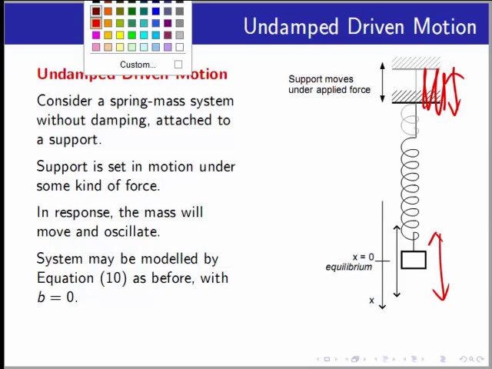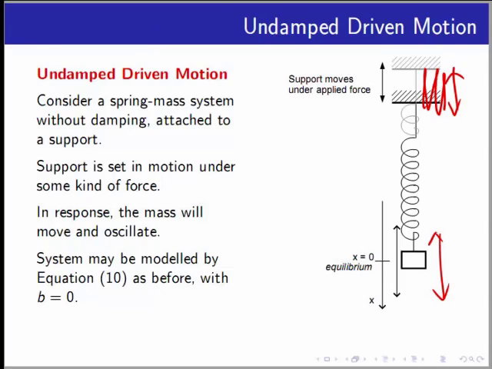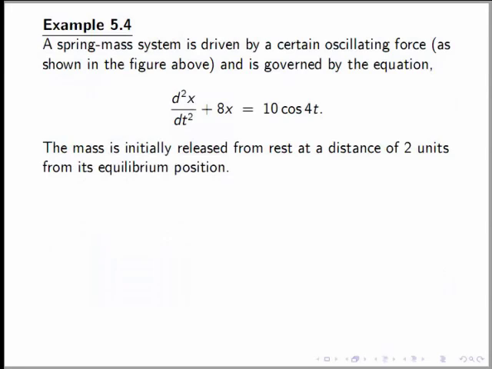So the system may be modeled by the same equation as before, but with b equals 0. For example, we look at example 5.4. In this case, we have a spring mass system that is driven by some oscillatory force, say 10 cos 4t.